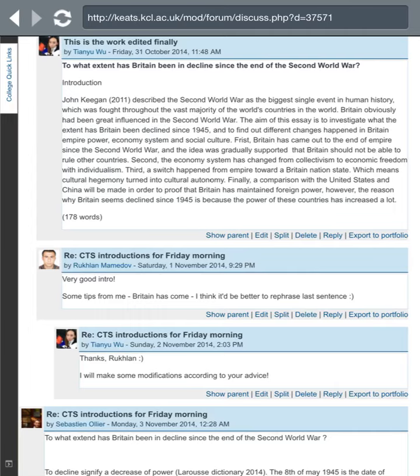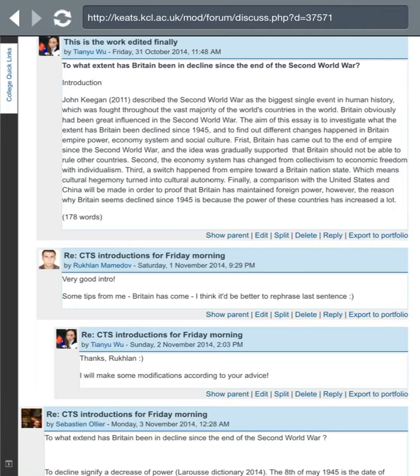Collectivism. What do you mean by collectivism? You mean public? Well, privatization started in 1980, so this is not actually included in the period that we're talking about. Economic freedom with individualism. Do you mean Friedmanite economics versus Keynesian economics? I think you might need some reading to help you to clarify what you're talking about here.